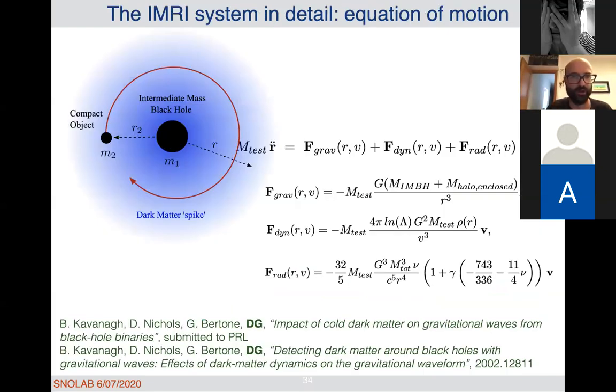Yeah, so this is just the setup that we studied. We wanted to analyze this problem, and we wrote down the forces at work: the gravitational pull, the dynamical friction, which is the force that describes the transfer of energy from the compact object to the dark matter halo, and the radiation reaction written in this way.